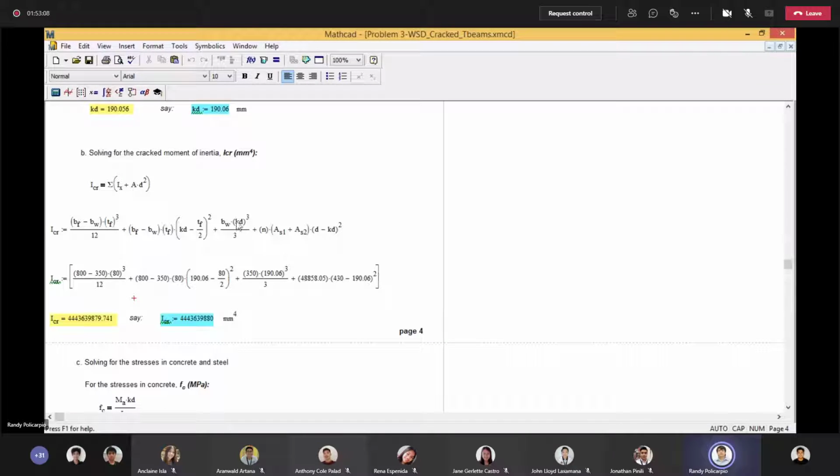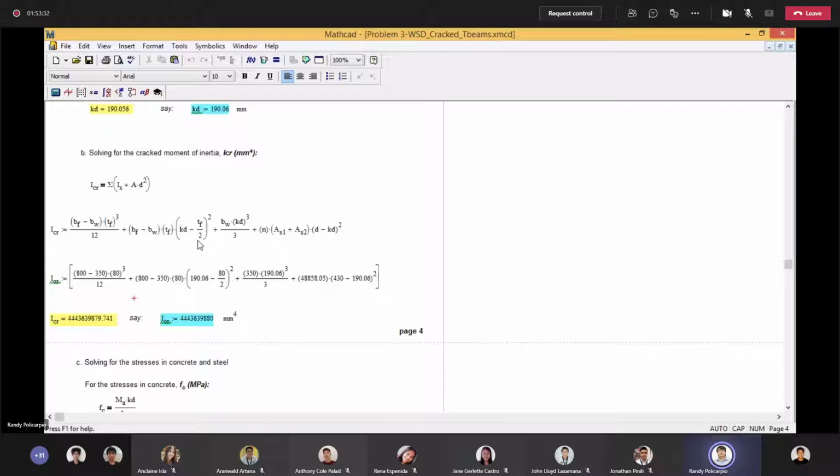Ito yung kanyang altitude, ito yung kanyang base, then divide 3, no? Yung flange kanina, ito yung kanyang area, yung kanyang width, ito yung kanyang altitude, at ito yung kanyang d square.